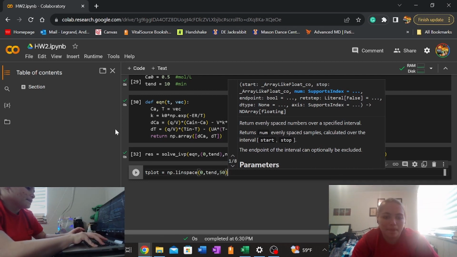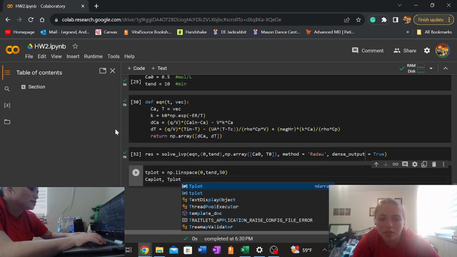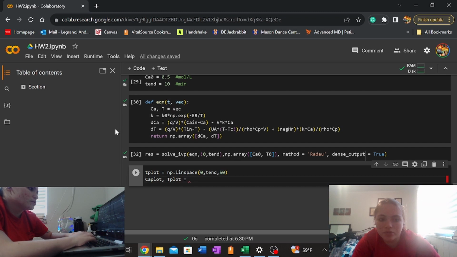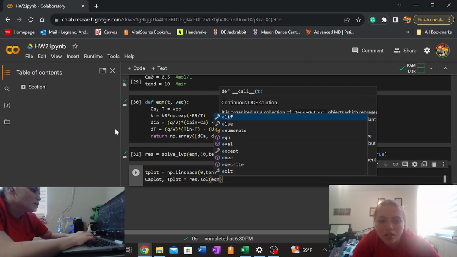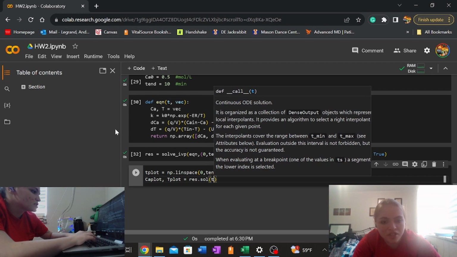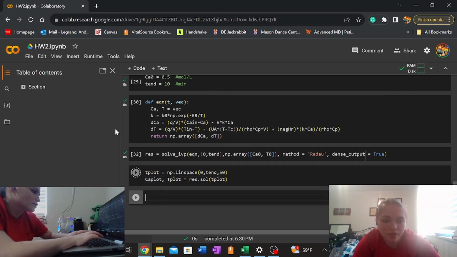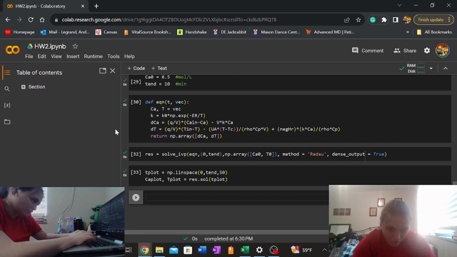All right, cool. So we have our t-plot, and then we need to get our plot of concentration, so CA plot and temperature plot, that is equal to our res.sol of t-plot. All right, time to graph.